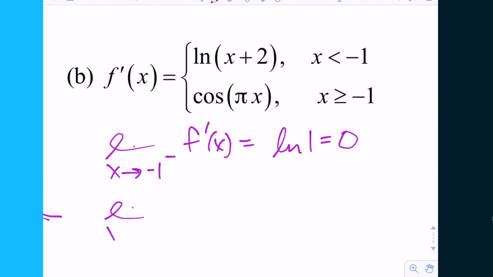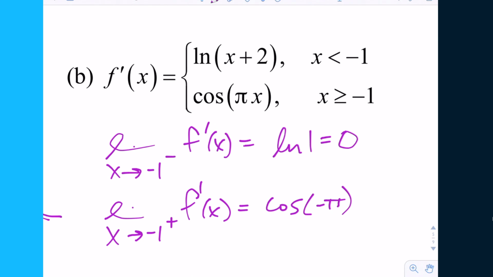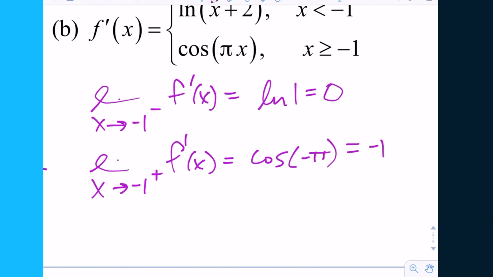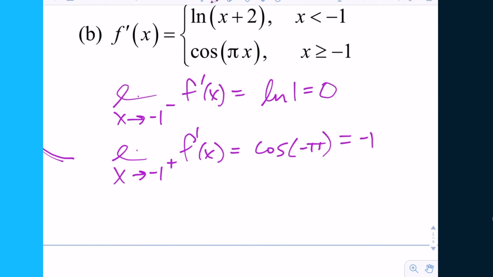Good. And the limit as x approaches -1 from the right-hand side of f prime of x is cosine of -pi. And what's cosine of -pi? -1. Good. So is the function differentiable there? No.